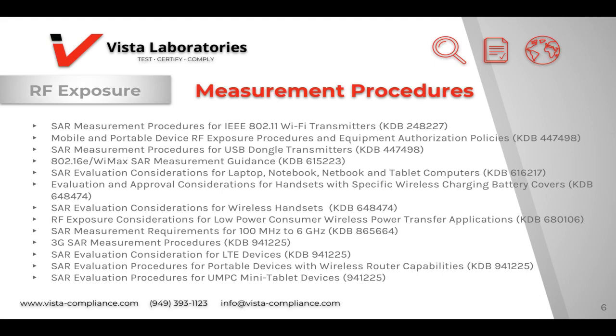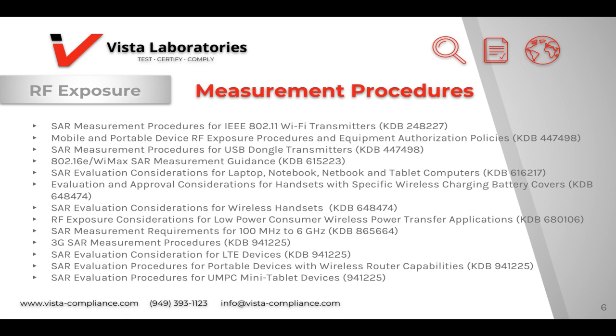And here is a list of different measurement procedures for radio frequency exposure. These are more product-specific procedures. When making measurements to demonstrate compliance with the FCC's rules, we need to use the appropriate measurement methods. This can be defined in a section of the rules or in some guidance that the FCC puts out.